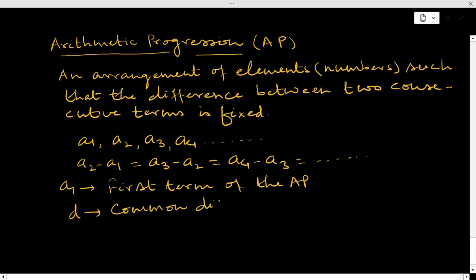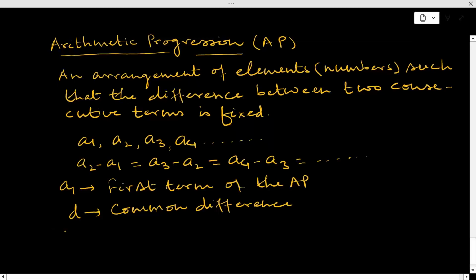So the common difference is the difference between any two consecutive terms, and for an AP it will be fixed or same.